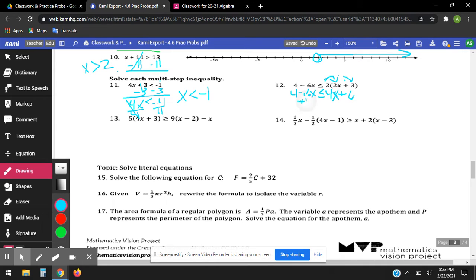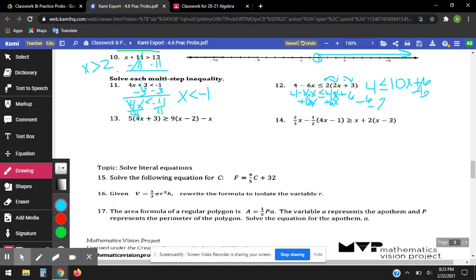So I'm going to add 6x to both sides. These will cancel. That leaves me with 4 is less than or equal to 4 plus 6 is 10x plus 6. Okay, I need to get rid of my plus 6. So I'm going to minus 6.